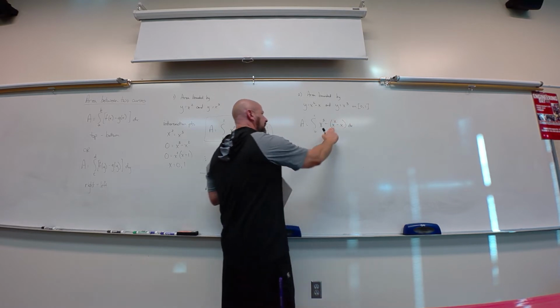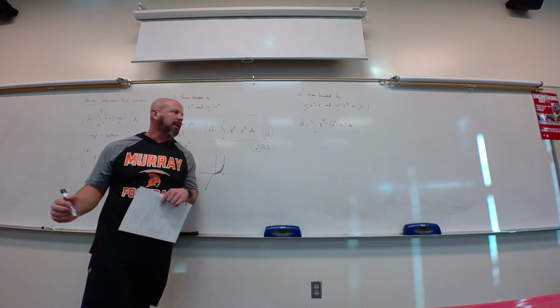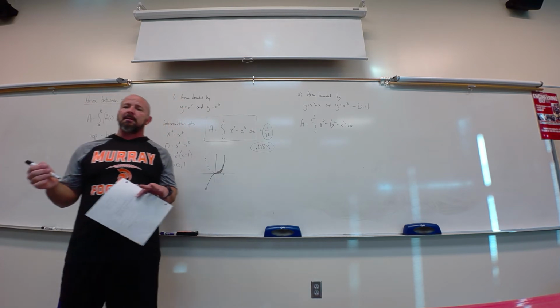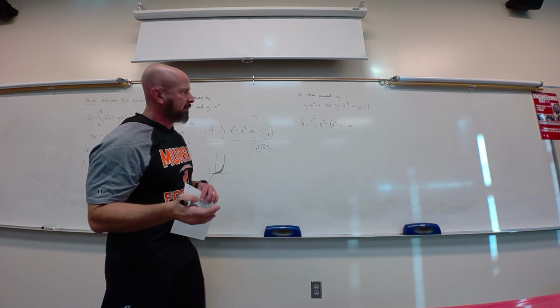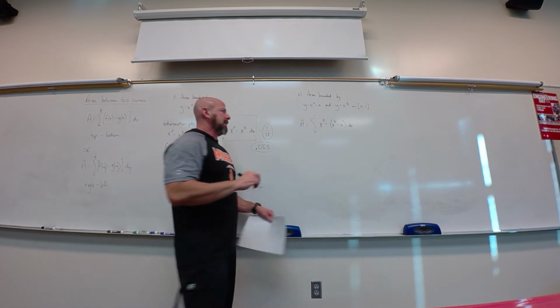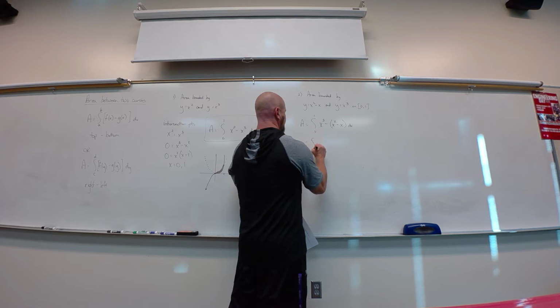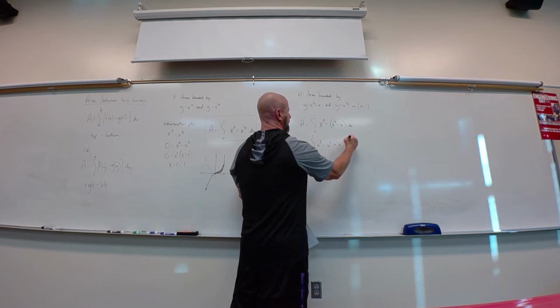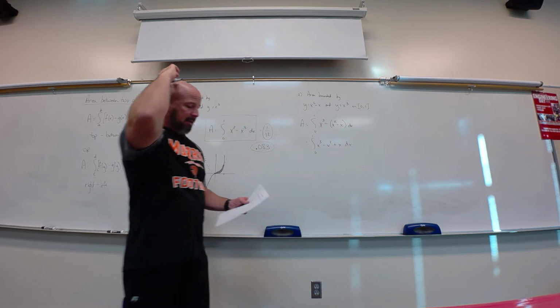So the key is make sure you use parentheses, because we're going to have to either leave the parentheses in there for our calculator or distribute it through. On my model calculator, I don't typically like the parentheses in there, so most of the time I will actually go ahead and distribute the negative so it's out of my way.